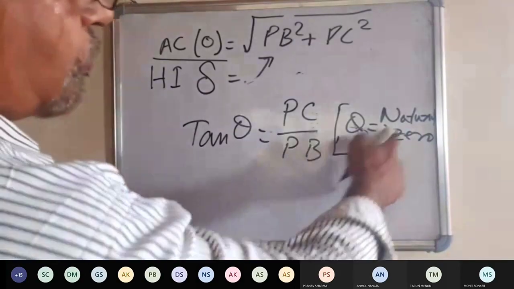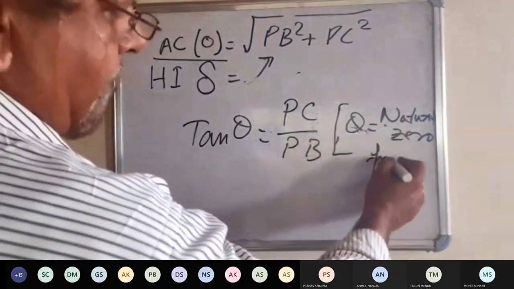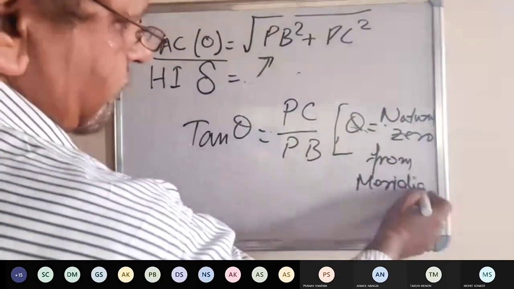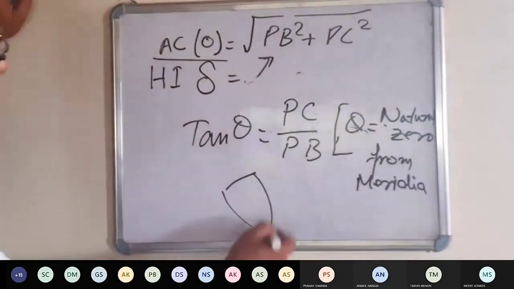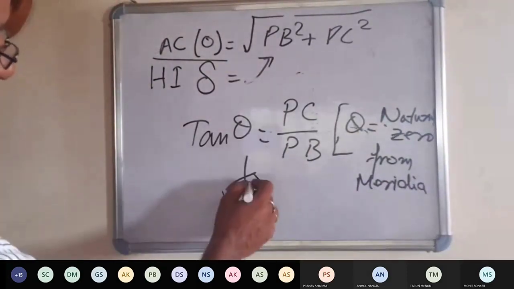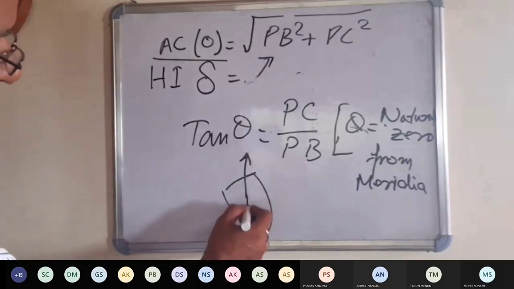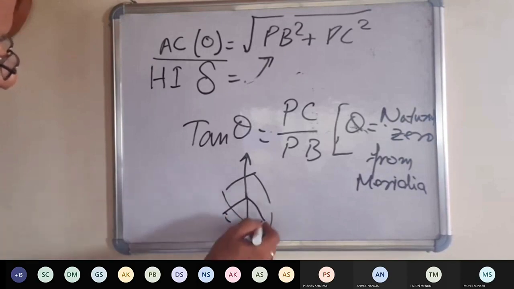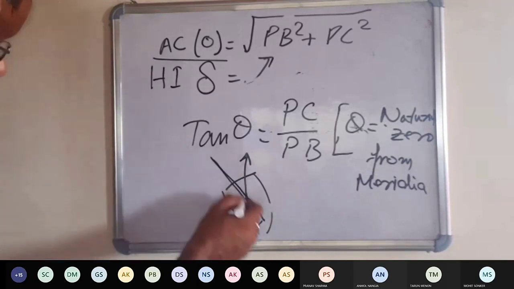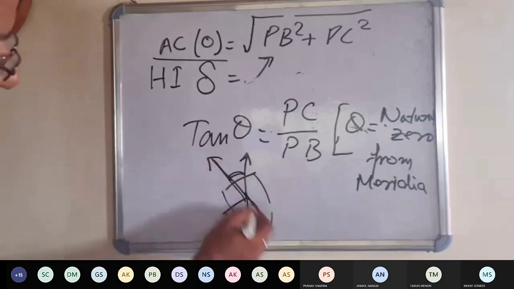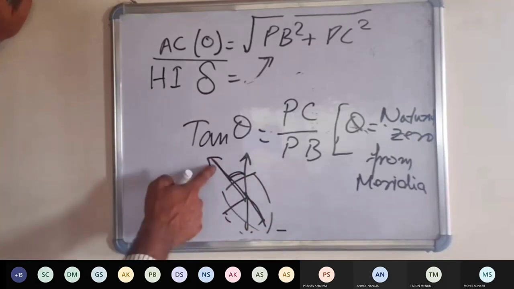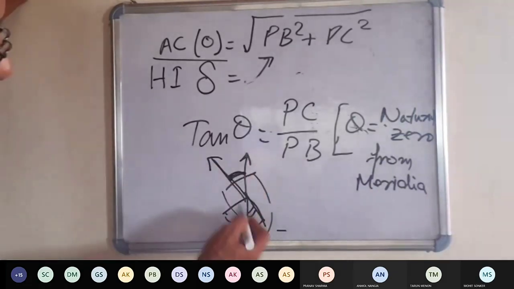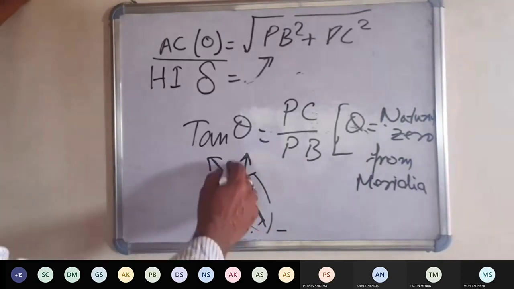This is the natural zero from the meridian, what we just discussed in this way. So the meridian is this, we had this. This was the natural zero. This was the heading of the ship when being built. This is the natural zero. This angle from the meridian is what we are talking about. Basically, this angle is the theta.